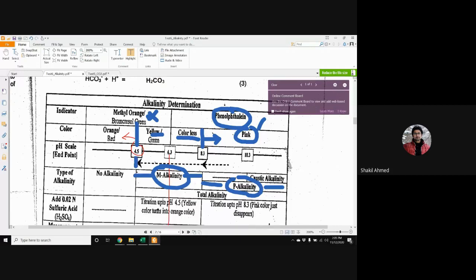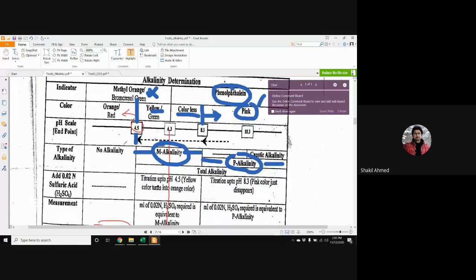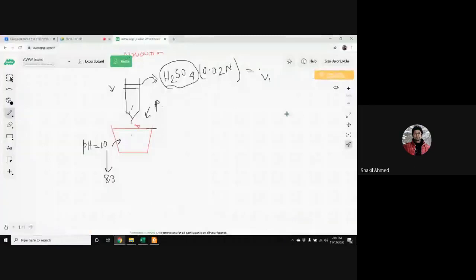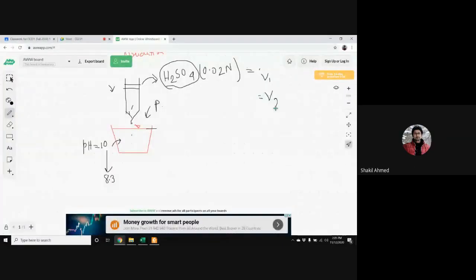Remember, that's 4.5, and below that point there is no alkalinity. By adding acid, you are now here, because your color has turned from yellow to orange. Is it clear? So you measure the second volume, V2.